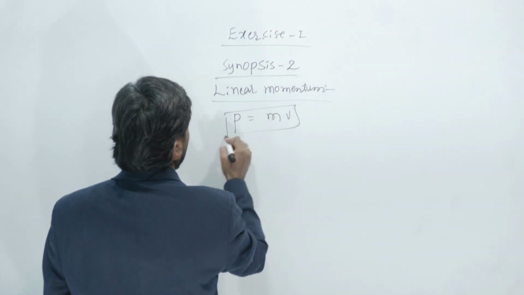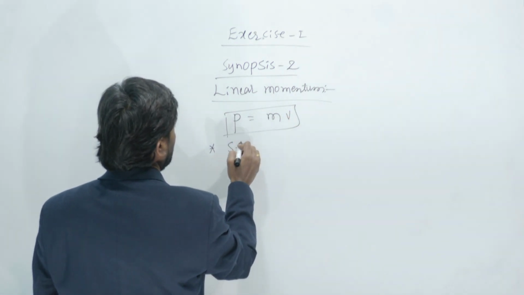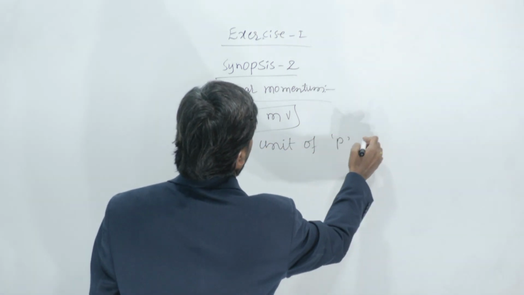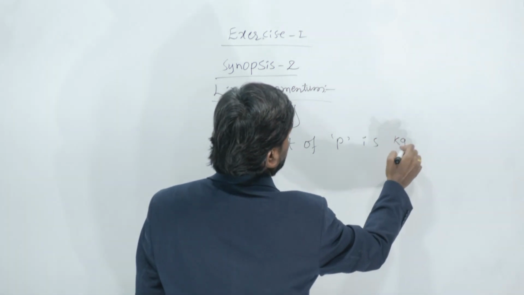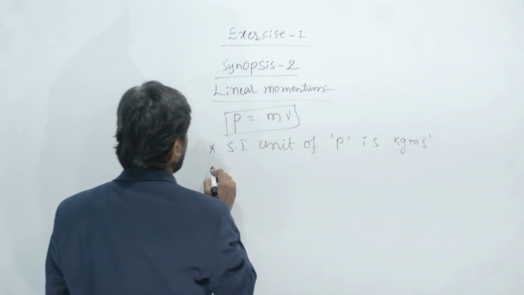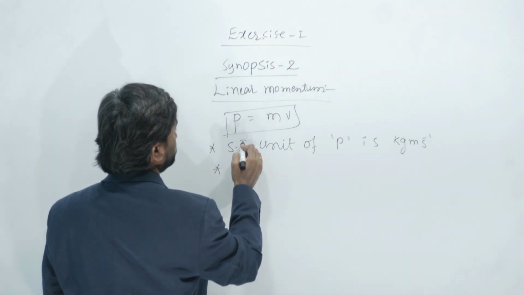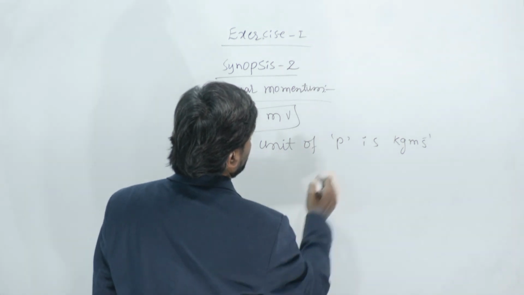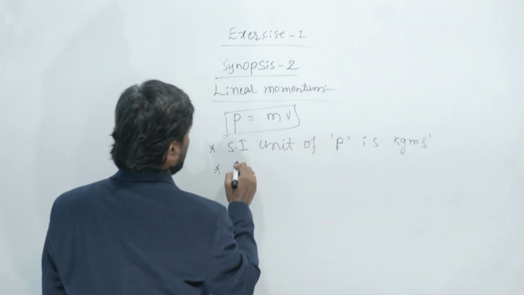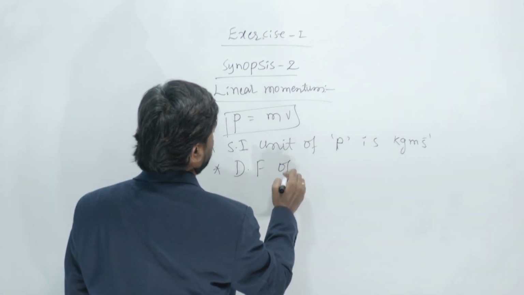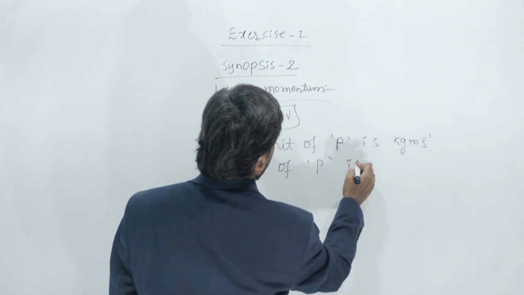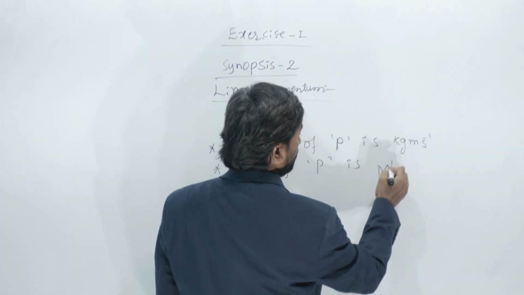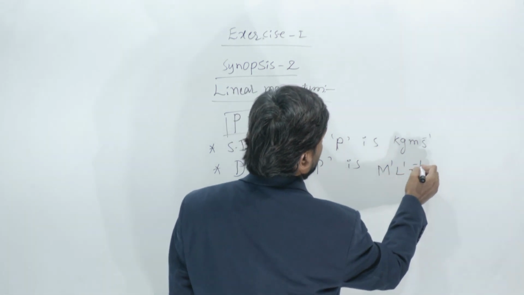The SI unit of linear momentum P is kg meter per second. Now the dimensional formula of linear momentum: kg meter per second means M power 1, L power 1, T power minus 1.